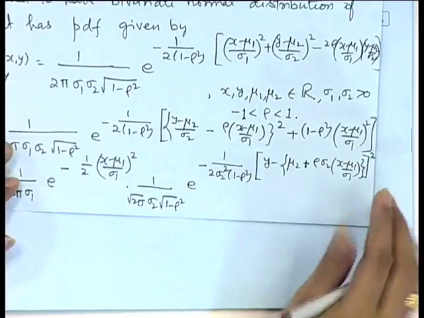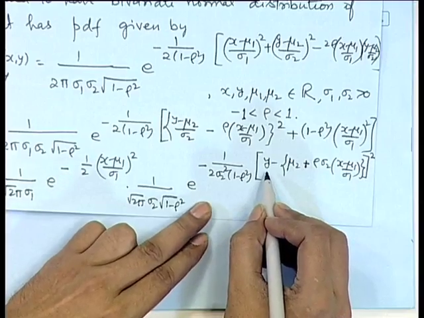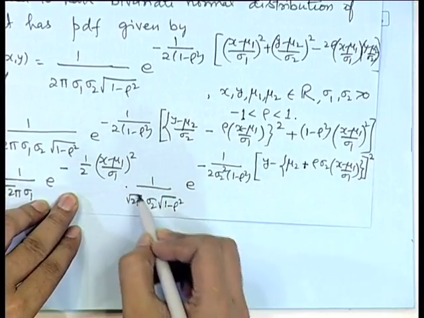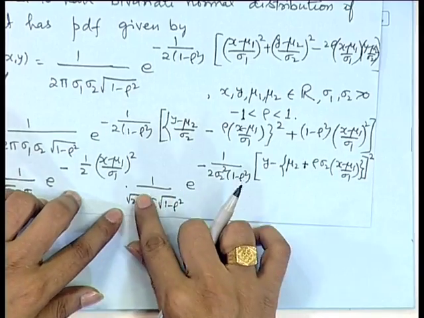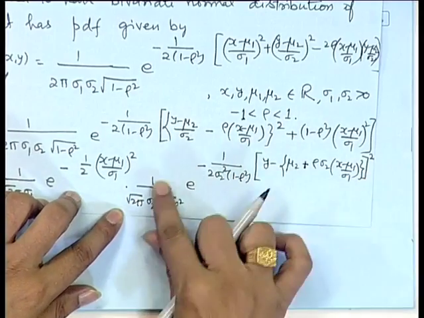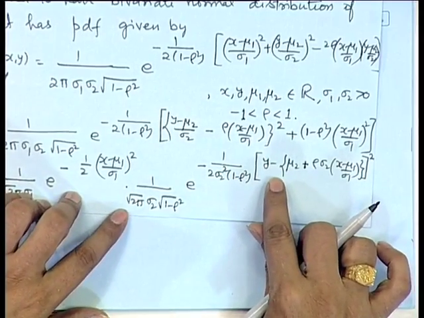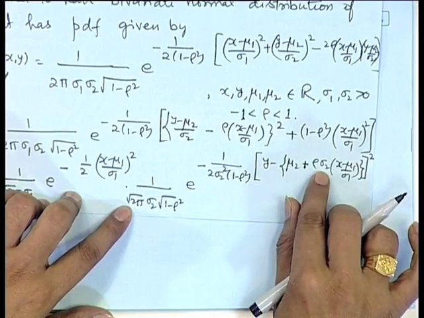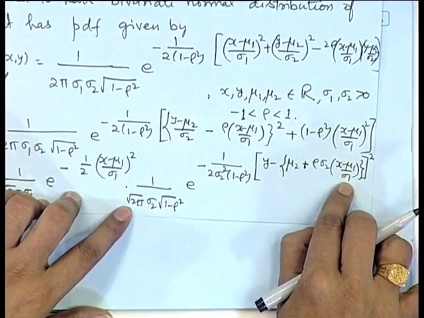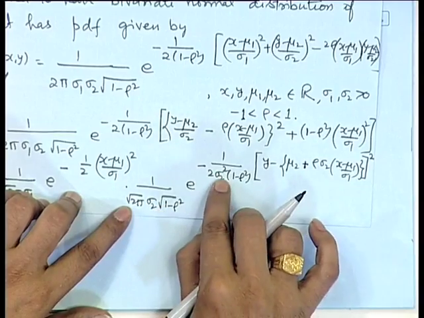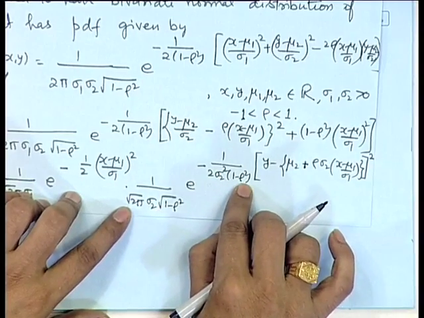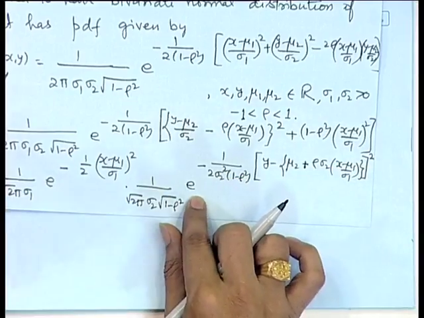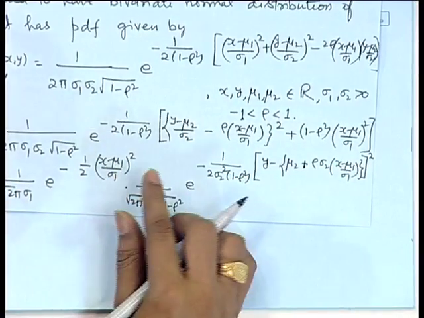So, if we want to find the marginal distribution of x, we can integrate this with respect to y, and we notice here that this entire term denotes a distribution which is normal with mean mu 2 plus rho sigma 2 (x minus mu 1) by sigma 1 and variance sigma 2 square into (1 minus rho square). So, if we integrate with respect to y, this term will give us unity and we will get only the other term.